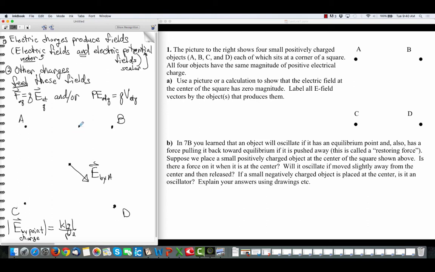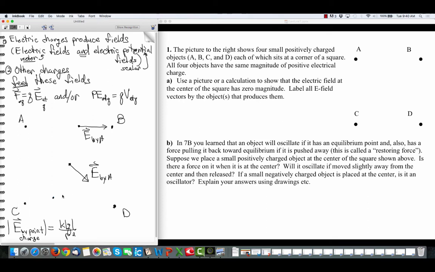Well, at this point, that's about the same distance. But it has to point away from A. I'm not doing a very good job of this. So here's another electric field vector by A. And I can draw one down here.